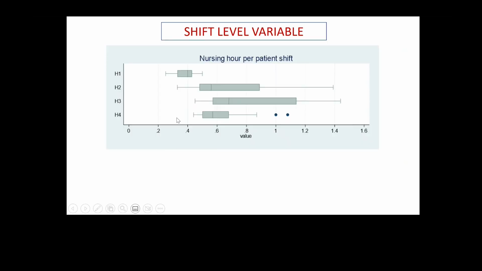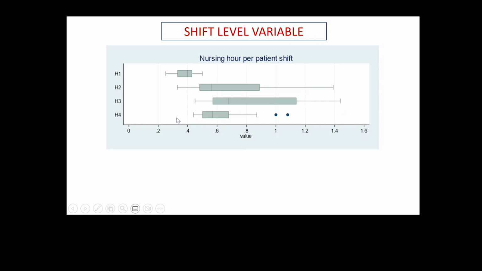So what we have here is the first set of results. Remember, I mentioned the nursing hour per shift variable, which was derived by getting the number of nurses on a shift and the number of patients on a shift, and then dividing the hours given by those nurses within a 12-hour shift by the patients. What you see here are our horizontal box plots.